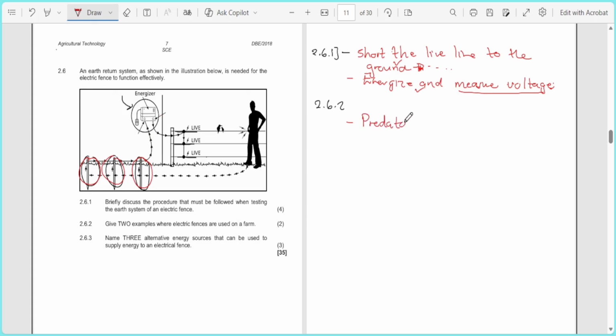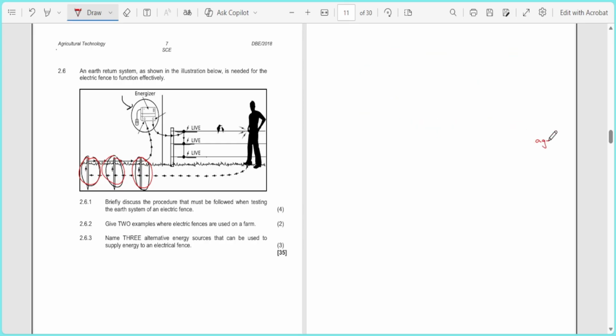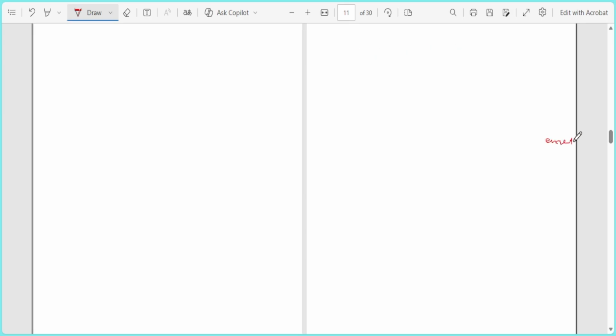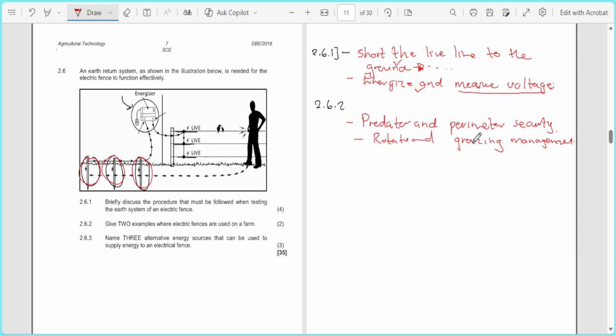Predator and perimeter security of the farm, and rotational grazing management. I think these are two points that I can think of.